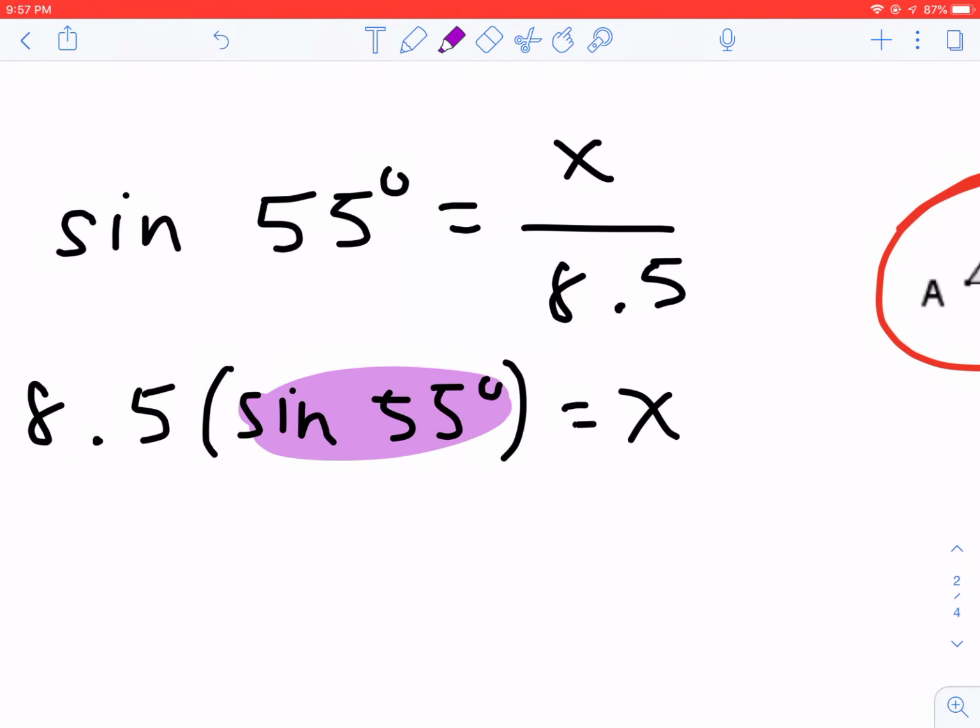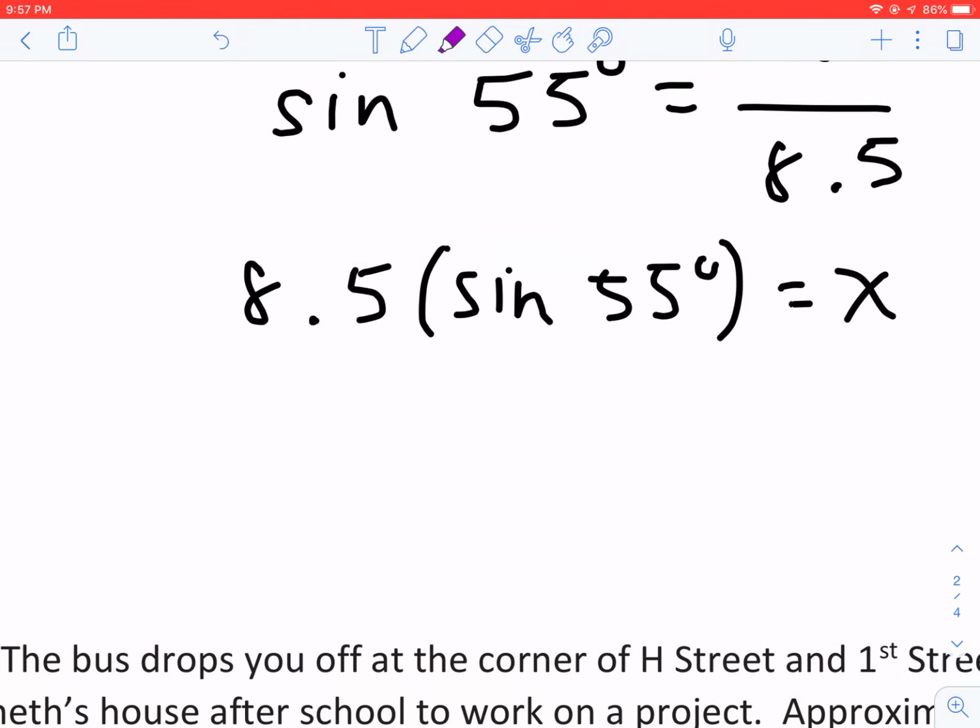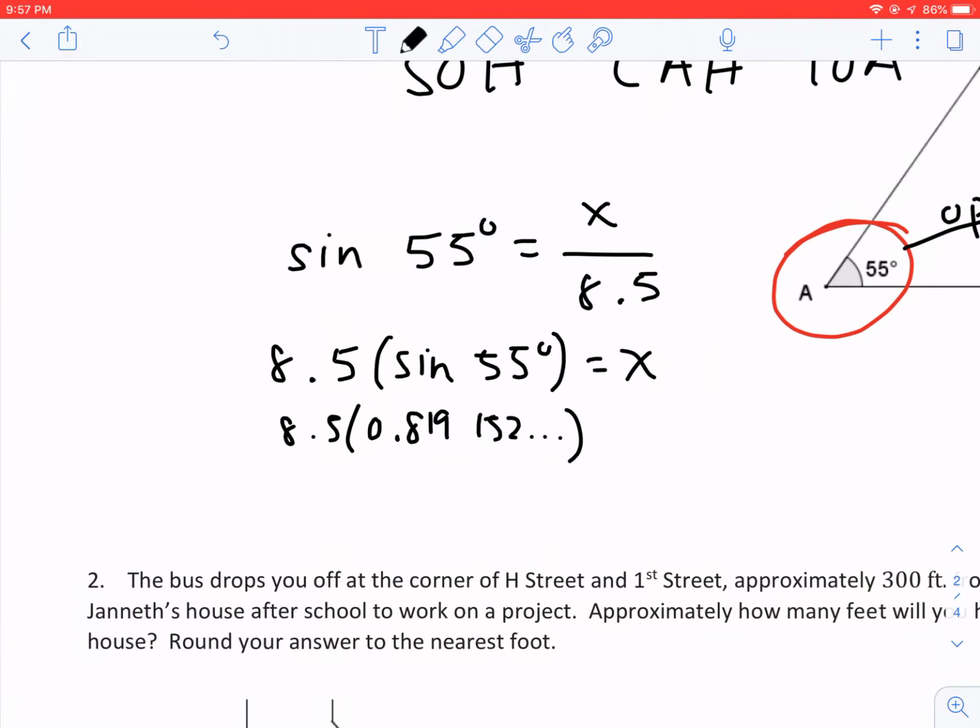You type that into your calculator. So trig, sine, 55. Again, make sure you are in degree mode. That's equal to 0.819152. You don't have to show this work ever. Just for the first one, I'm showing it.